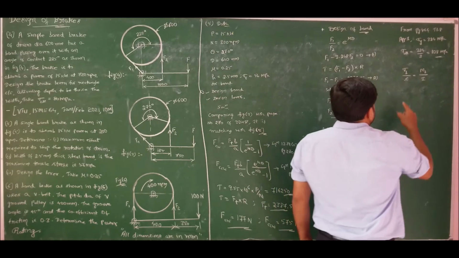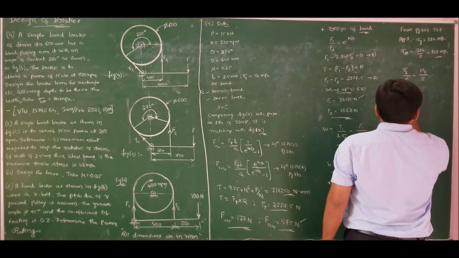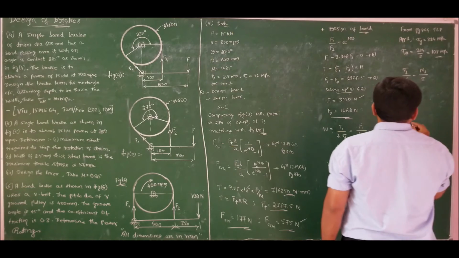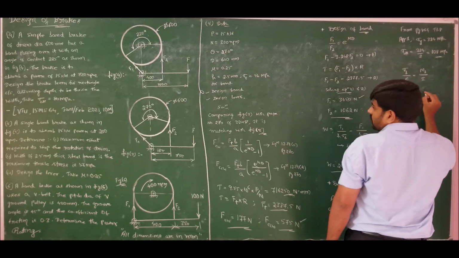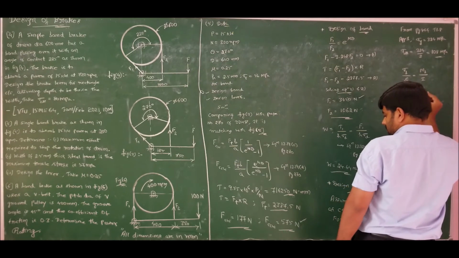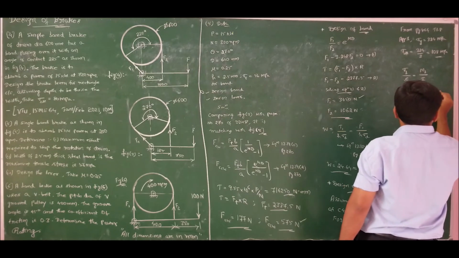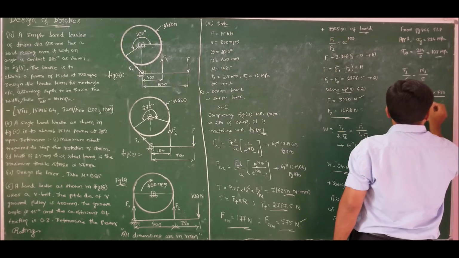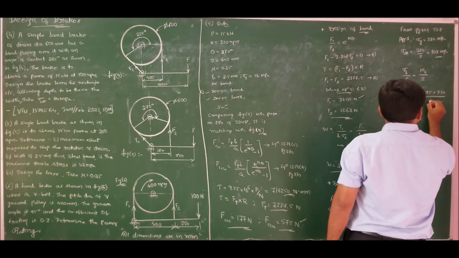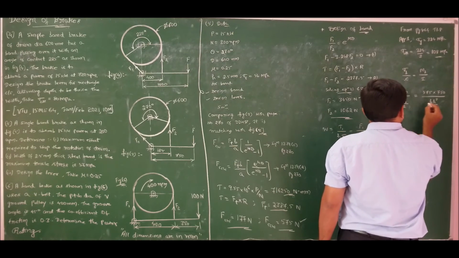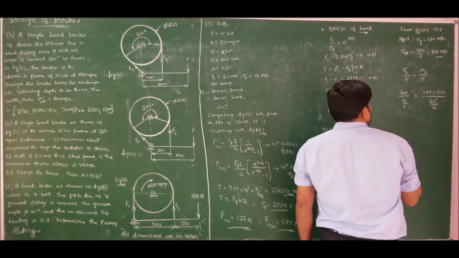So therefore sigma B is known 108, C is h by 2, this is equal to bending moment is F max, F max is 575 into length is 750 divided by I is bh cube by 12. You have to differentiate. I will call it as h1, b1 and h1.